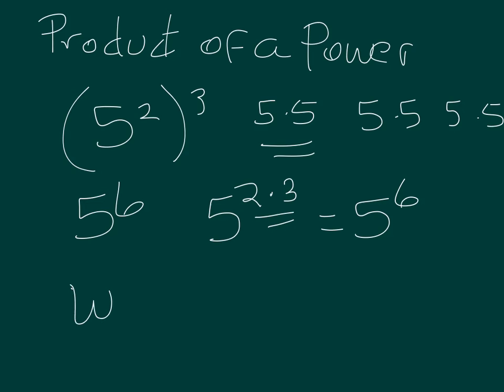What if we had w to the m to the n? You're right, we're just going to have our same base, w to the mn. And remember, m and n right together means multiply. So this is the power of a power rule.